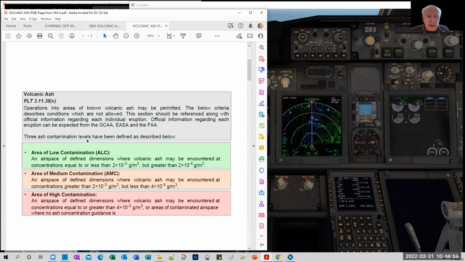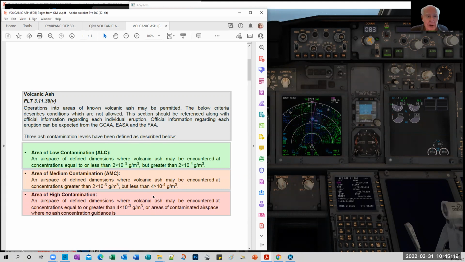Now, these contamination levels have been defined below. Areas of low contamination, ALC, area of medium contamination, AMC, and area of high contamination.